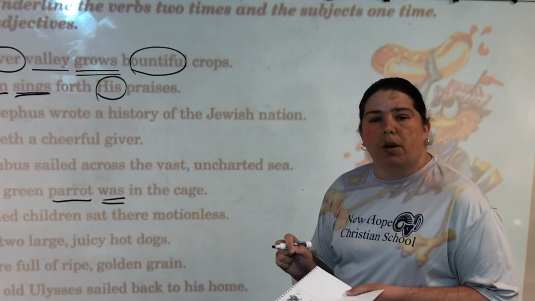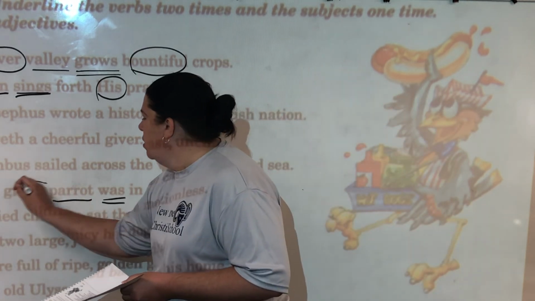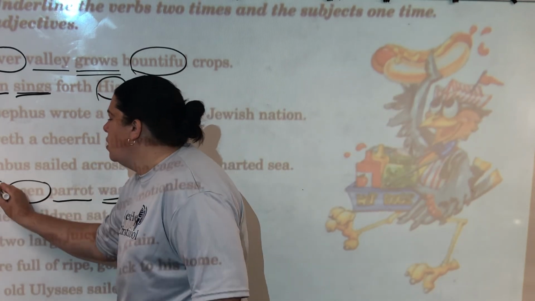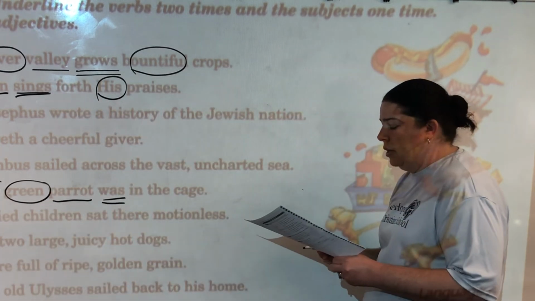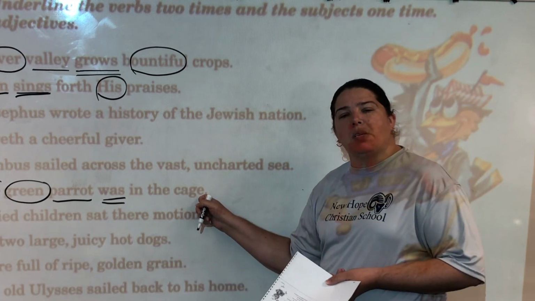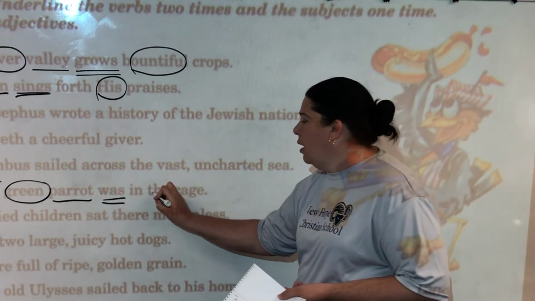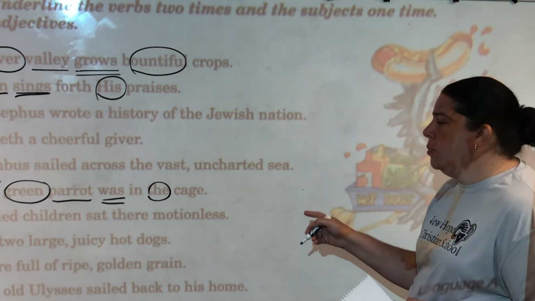Now, what are the adjectives that describe parrot? We have a green parrot, a beautiful parrot, a parrot. Now, this is a noun, cage. What is the adjective that describes cage? Which cage? The cage.